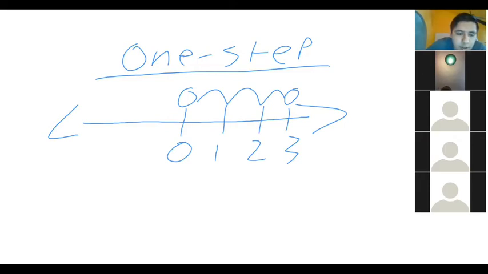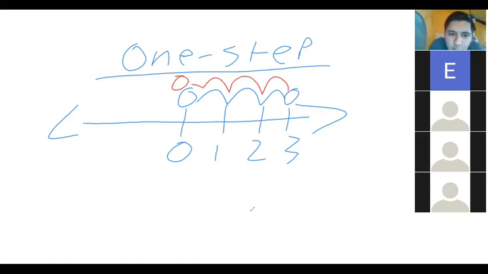How do we do that? So we started at 0, we added 3. How do we go back to 0? Subtract 3. Exactly, we're going to subtract 3, and that puts us back at 0, okay? So what does that tell us? Adding and subtracting are opposites of each other, right?